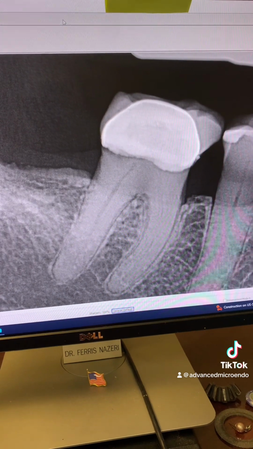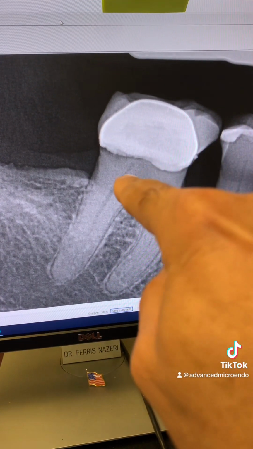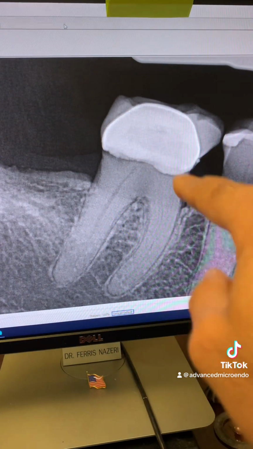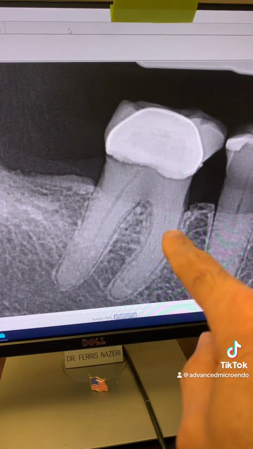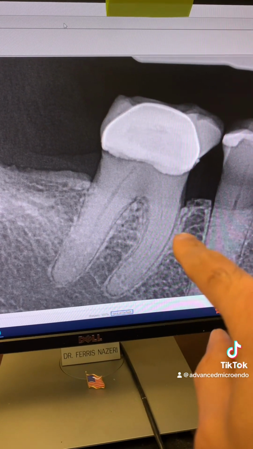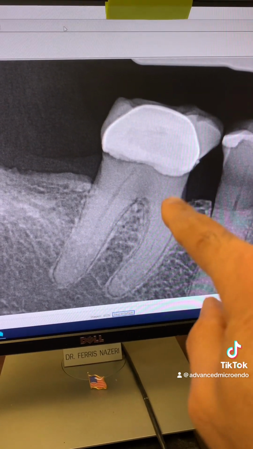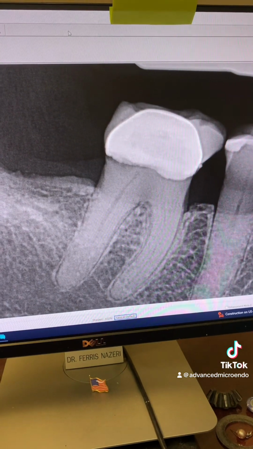I found the mesiolingual canal next, and then I used the mesiolingual canal and the distal canal, that triangulated, and I had to dig really deep with my ultrasonic and of course microscope to hit the mesiobuccal canal.